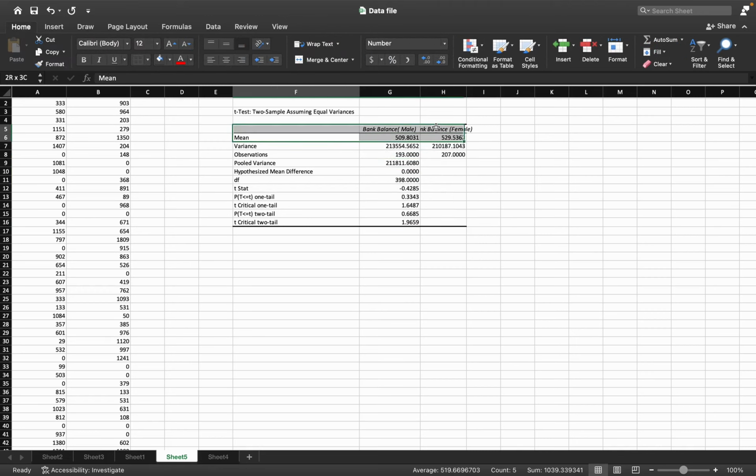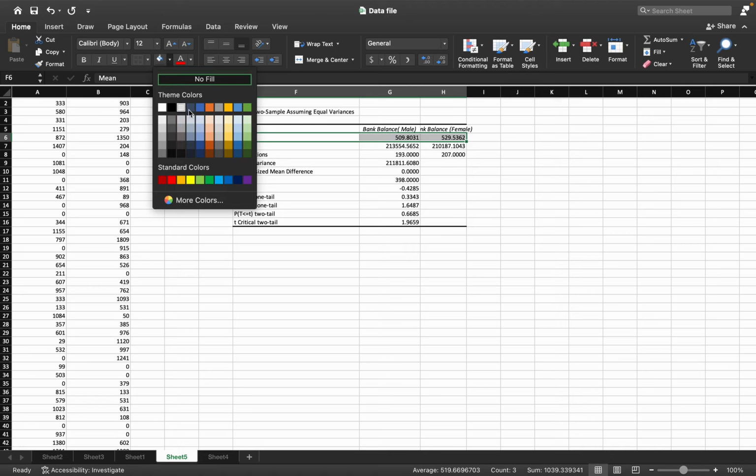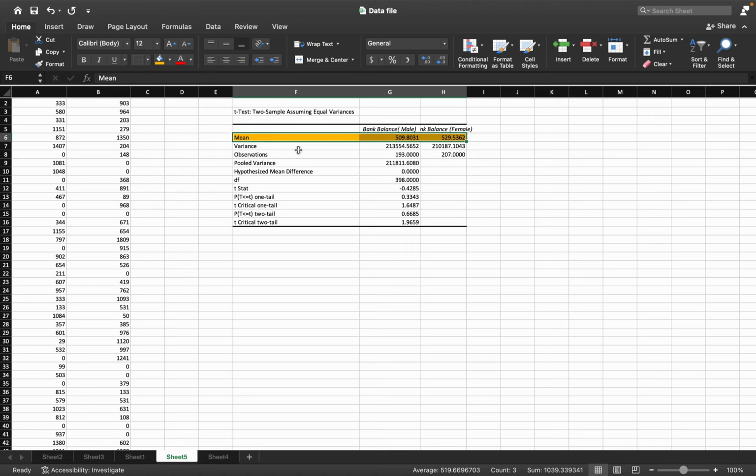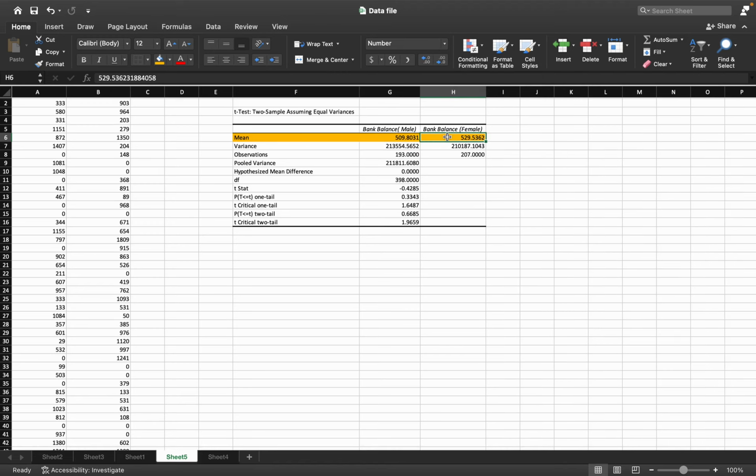Okay, here our concerning values are the p value and the mean value. So we can highlight the mean values. We can see that the male bank balance is 509.8031, and the female bank balance is 529.5362. So our hypothesis was whether there is any significant difference or not.